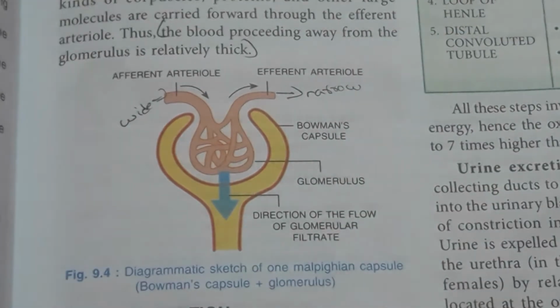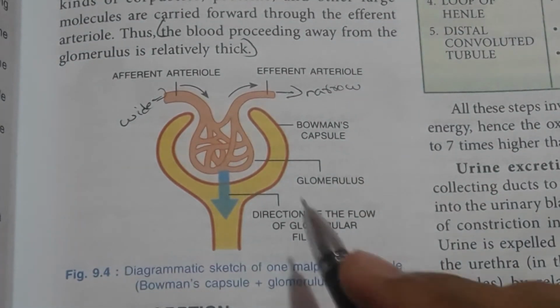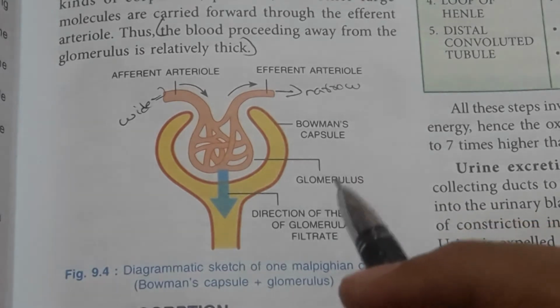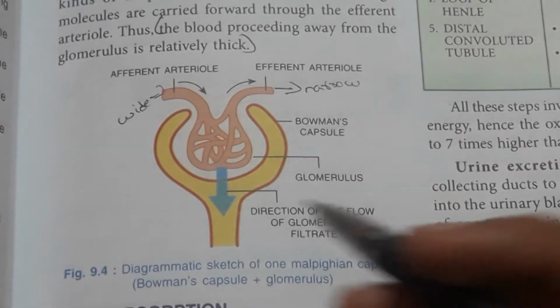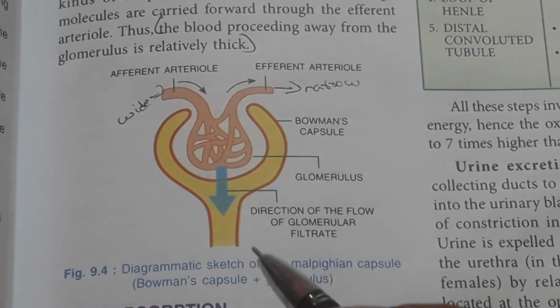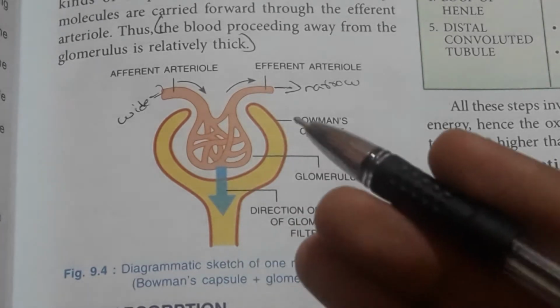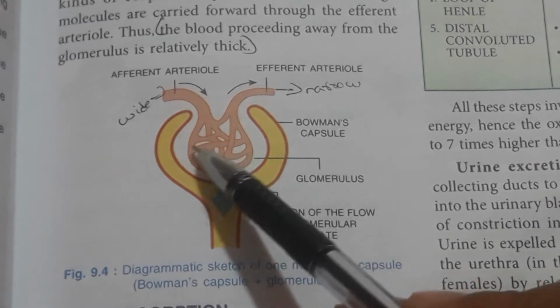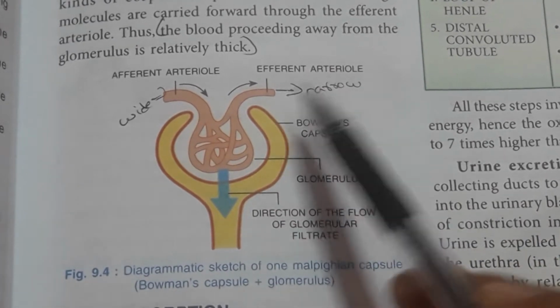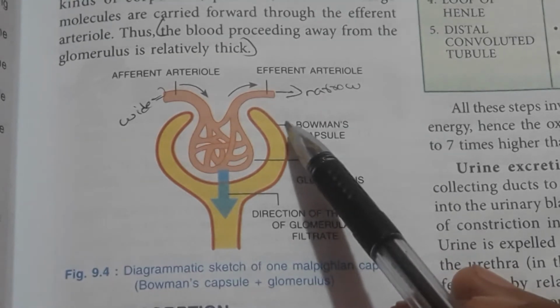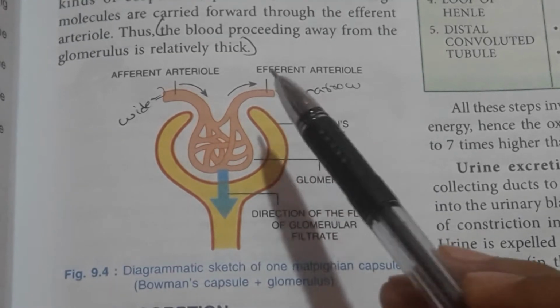So that's the reason. Next, this high pressure causes the liquid part of the blood to filter. That's the first thing. Next, from the glomerulus it moves into the renal tubule.